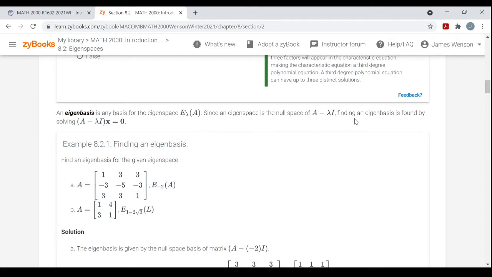And like they're saying here, an eigenbasis is found by solving A minus lambda I times x equals the 0 vector, finding a basis for this set of solutions. You did this before when finding a basis for the null space of a matrix, and this is the matrix A minus lambda I we'll be doing it for. So I'll do this first example with the 3 by 3, and then you can read example B on your own.